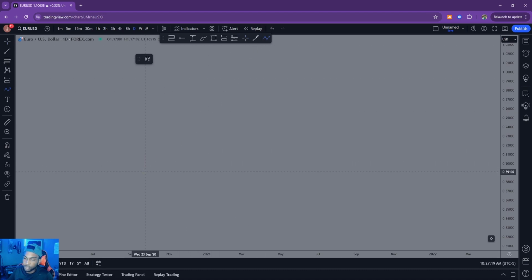We'll start with an uptrend, which is also considered a bullish trend. You have your higher highs and your higher lows. Bullish trends and uptrends consist of higher highs and higher lows.